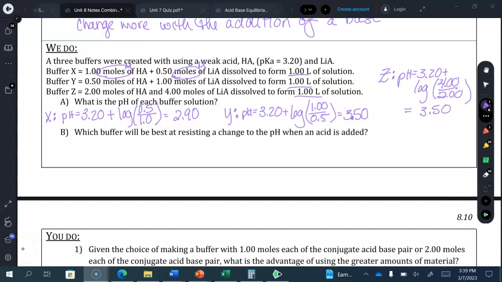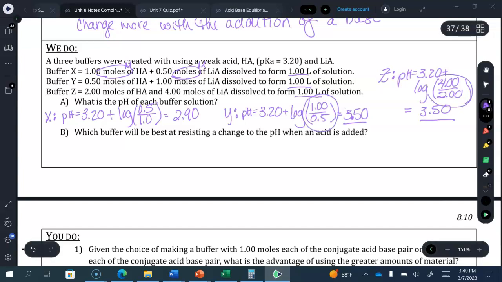Okay, for Y and Z, you should have seen that both of those buffers have a pH of 3.50. Granted, the ratios of the acid to its conjugate base are different, but they both are at 3.50. Okay, which buffer will be best at resisting the change to pH when acid is added?